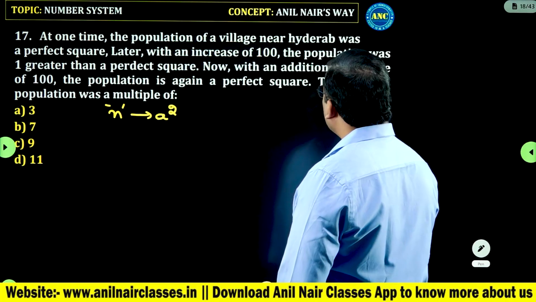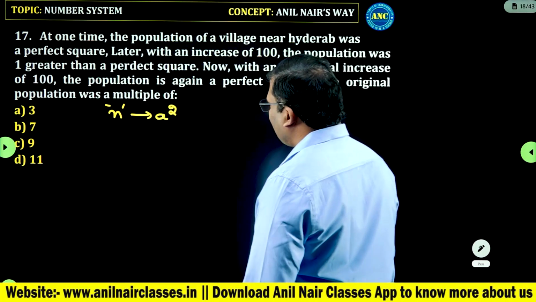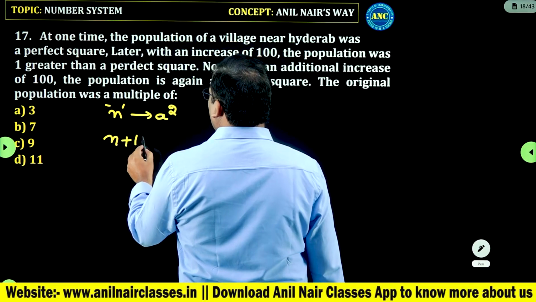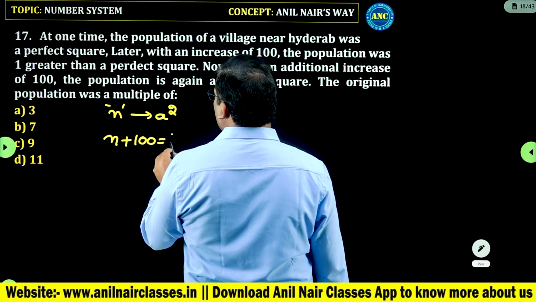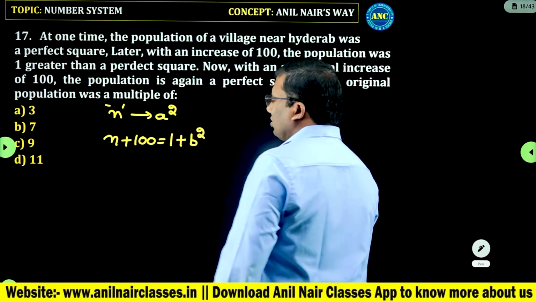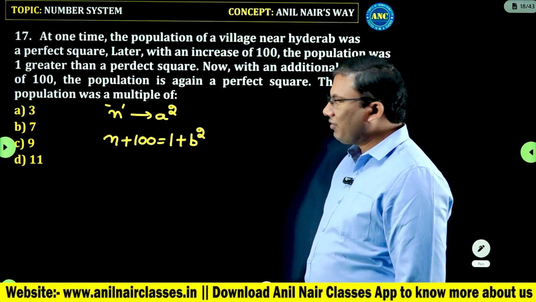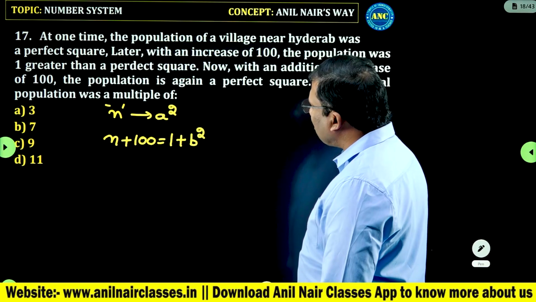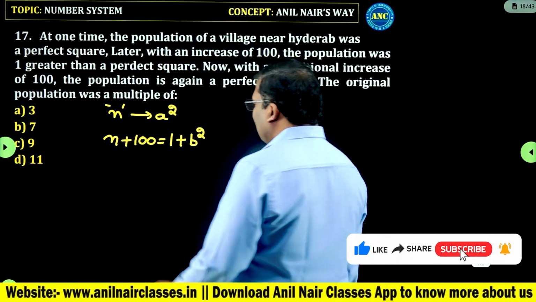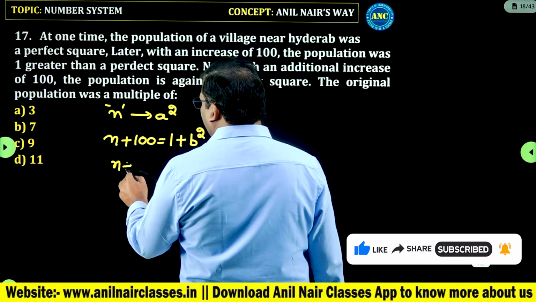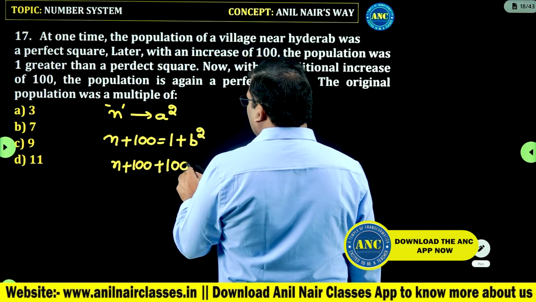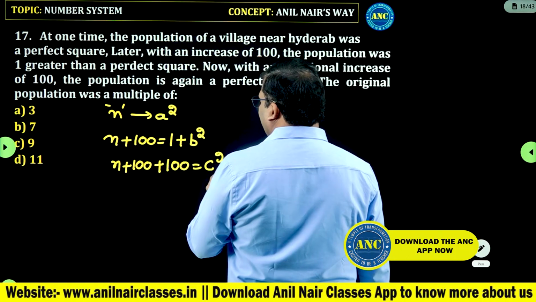Later, with an increase of 100, the population, n plus 100, is 1 greater than another perfect square. Now, with an additional increase of 100, the population is again a perfect square.